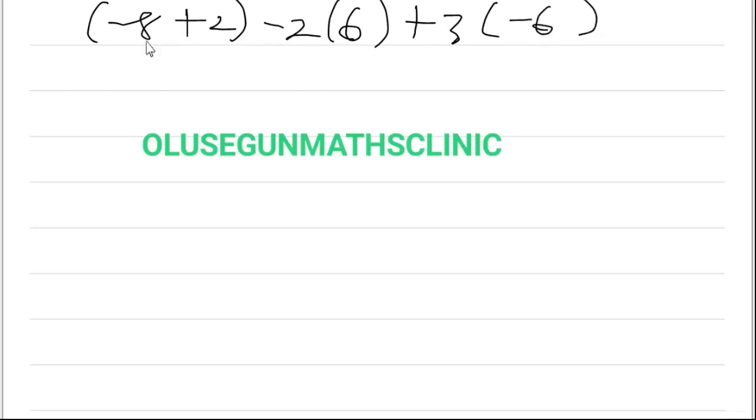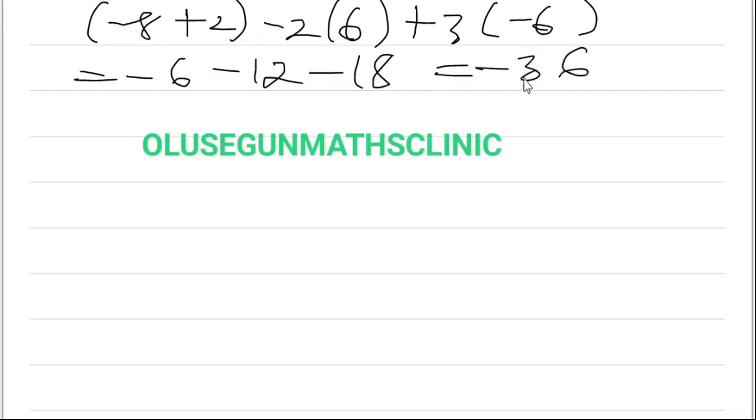So let's try to expand. We have minus 6, minus 12, minus 18. Let's add it together. This is 30. The final answer is minus 36. So that is the final answer.